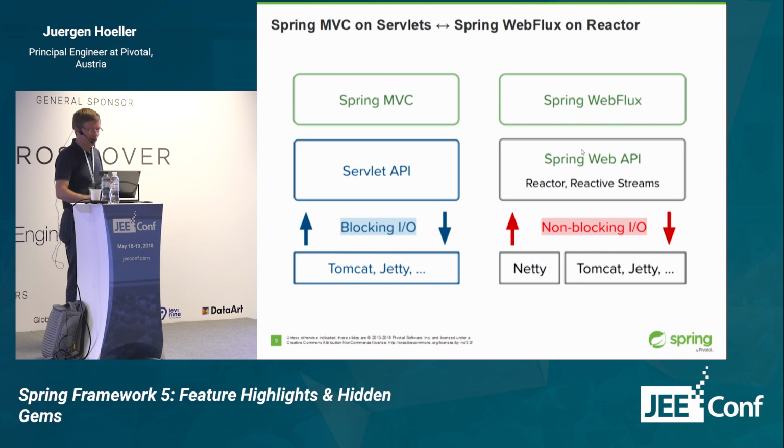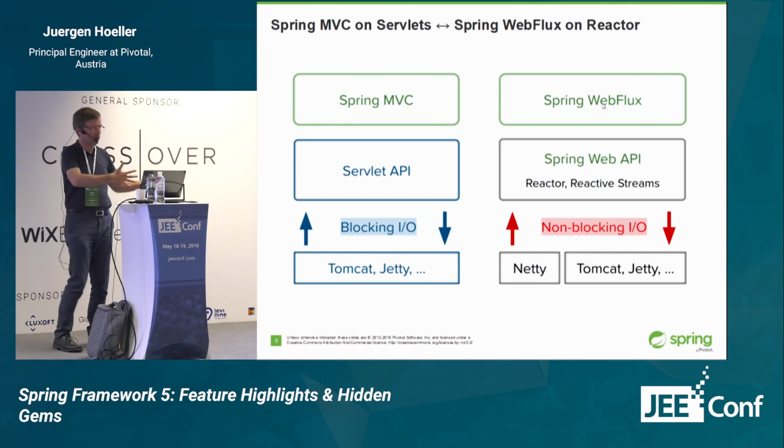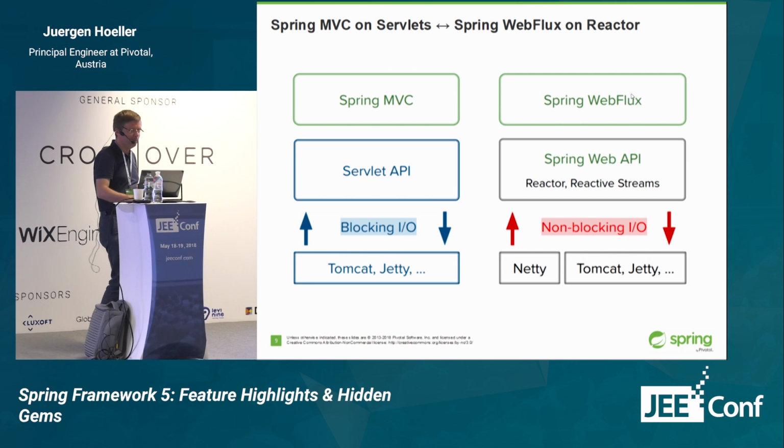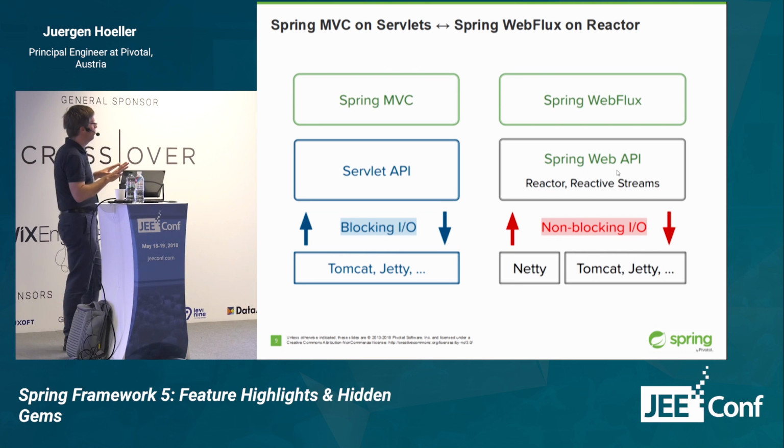In a reactive architecture, as introduced in Spring Framework 5 as the Spring WebFlux framework, which is basically a parallel web stack living next to the servlet stack, but designed with a different foundation. A similar programming model on top, but a very different foundation underneath the covers. What we have here is reactive streams at work.